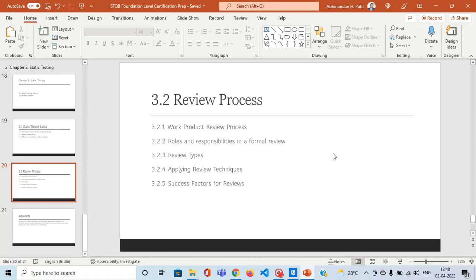Informal review, walkthrough, technical review, inspection, which one to be followed. So that is decided, and then the checklists that you use for reviews are up to date, and you don't review a large chunk of documents or artifacts in one go.